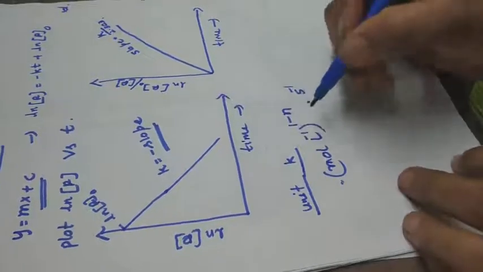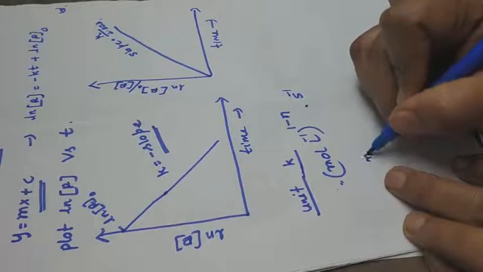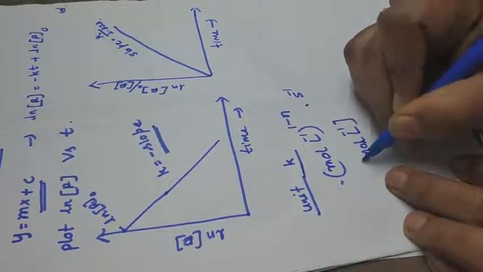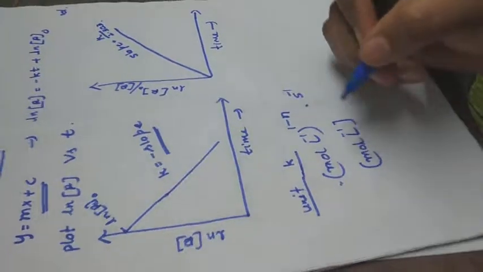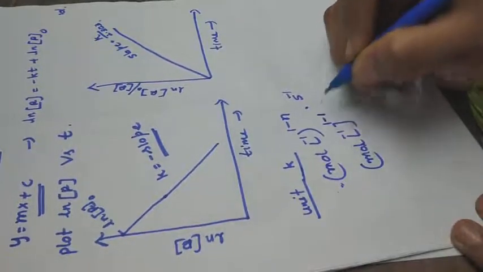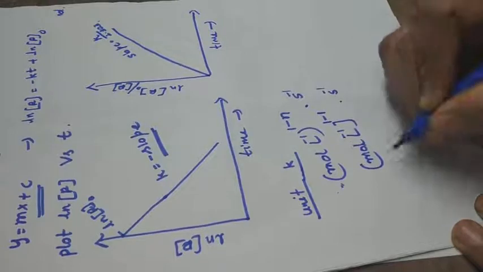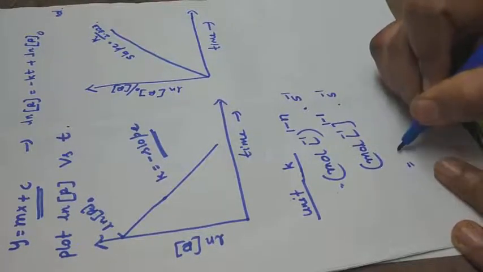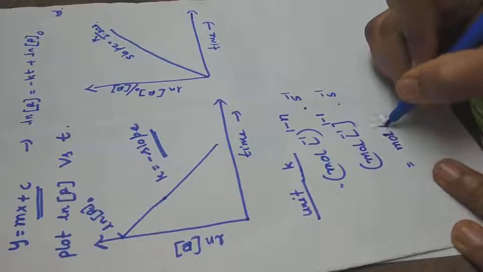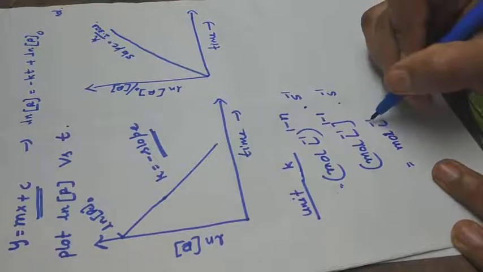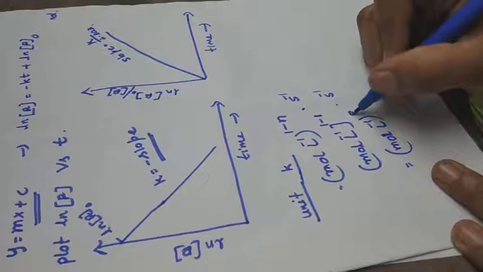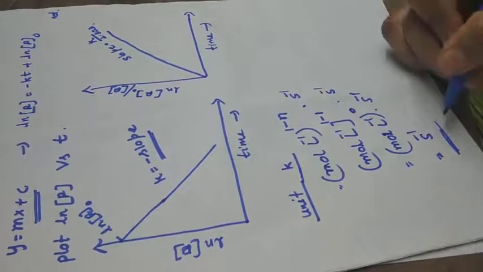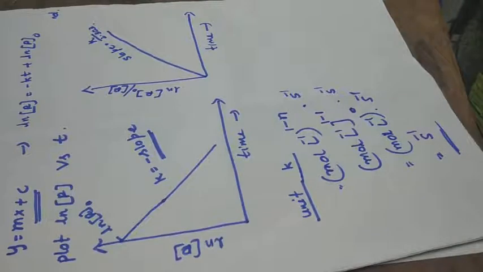As it is a first order reaction, mole per liter to the power 1 minus 1 into per second. 1 minus 1 is 0, and anything to the power 0 is 1, so the unit of rate constant is per second.